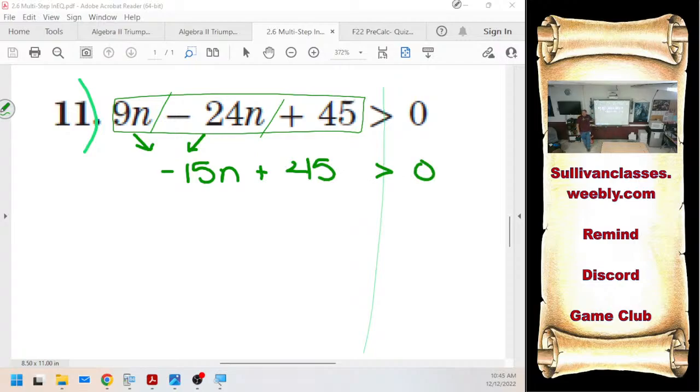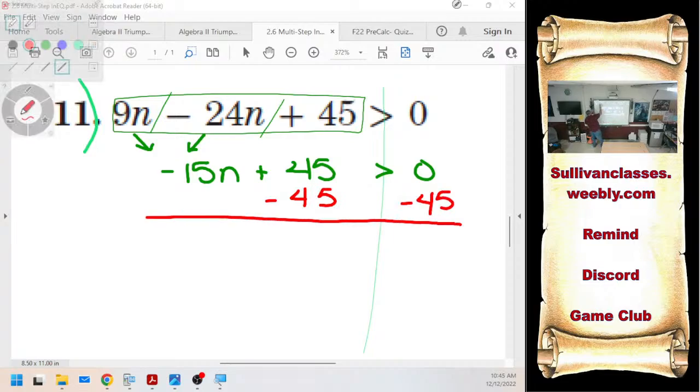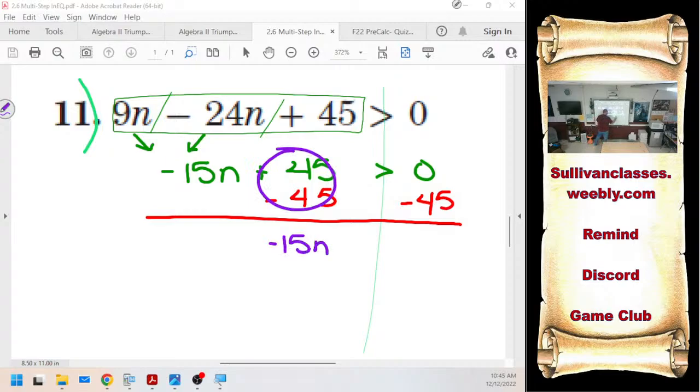You still play the Who's Lonely game. What's by itself right now? 0 is a number, so bring it another number. 45 can go hang out with the other zeros. And get negative 15n.